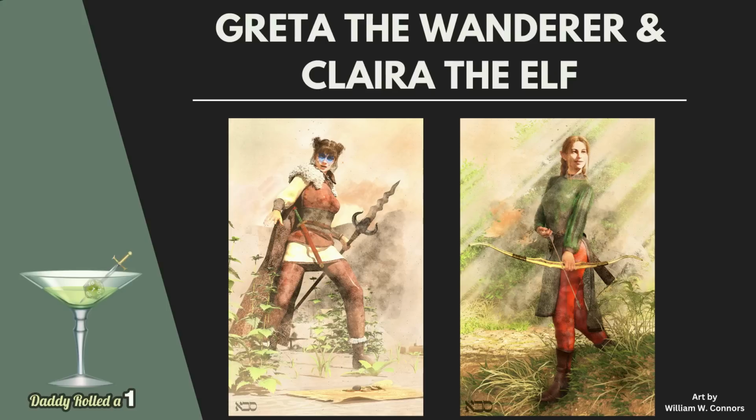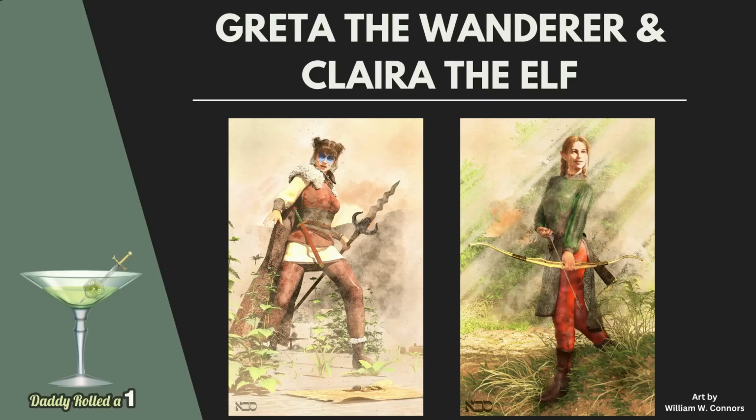He's a game designer, but he also does art. I think he saw that these players, the sisters, were leaving. And so he messaged me and said, hey, do you want some artwork for them? And so he created one for Greta the Wanderer. I loved it so much, I decided to, again, use that as an in-game artifact. So here's the picture that he created for her.